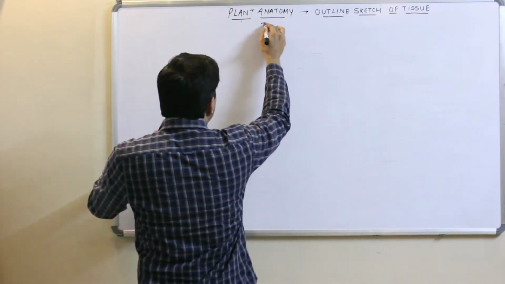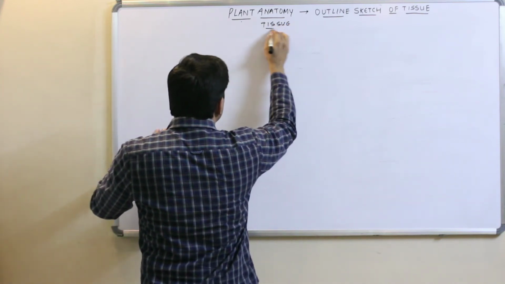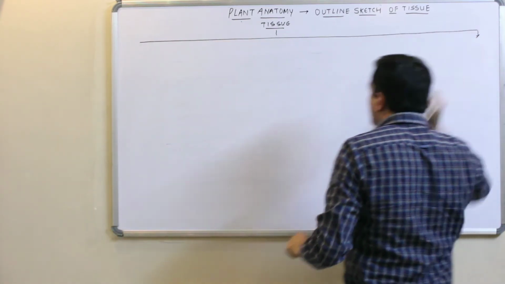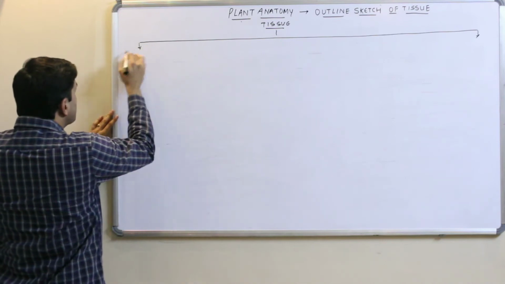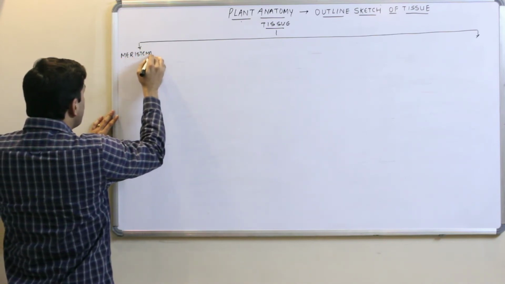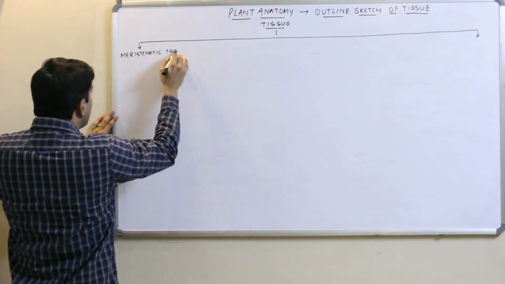Alright, so here I am writing tissue, and tissues are classified into two categories, as you know. One is known as the meristematic tissue, and this is permanent tissue.